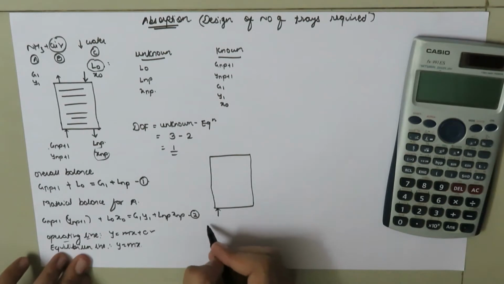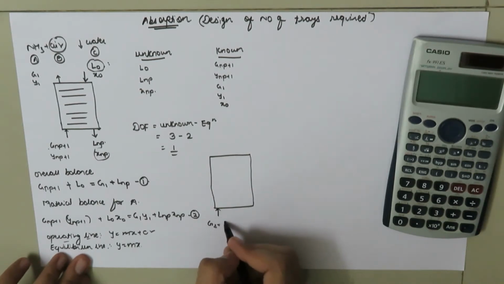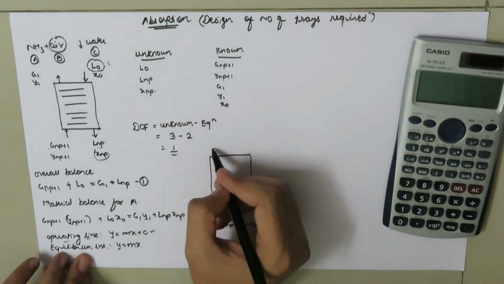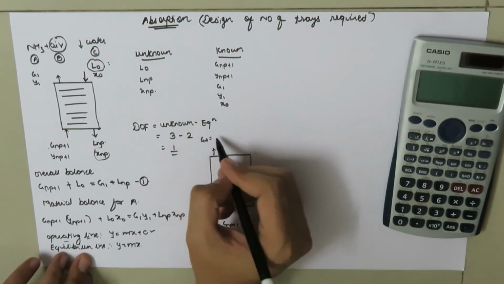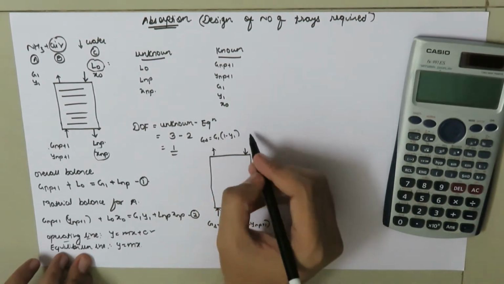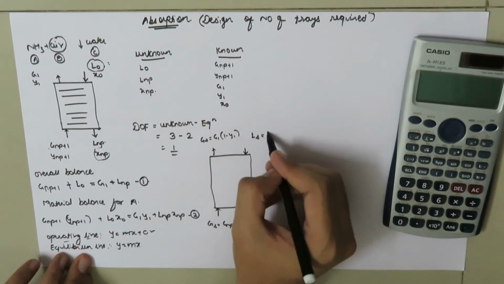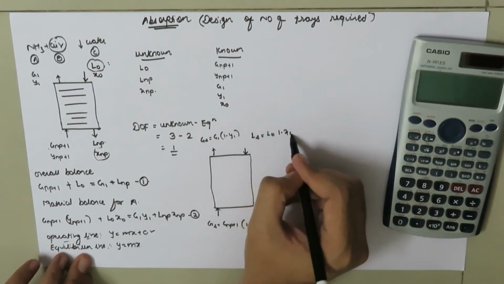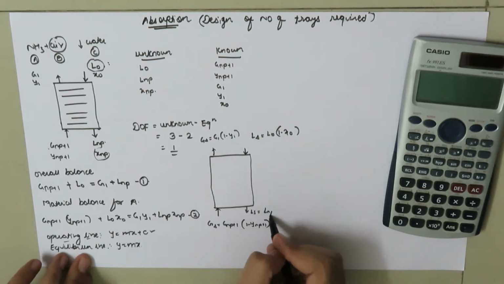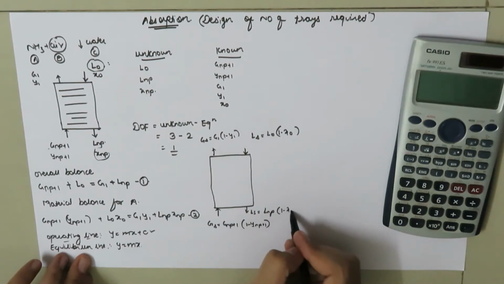So we can write the flow rate of air inside the absorption tower, Gs, equal to G_{N_P+1} times (1 minus Y_{N_P+1}), and Gs equals G1 times (1 minus Y1). Let's suppose Ls equals L0 times (1 minus X0), and Ls equals L_{N_P} times (1 minus X_{N_P}).